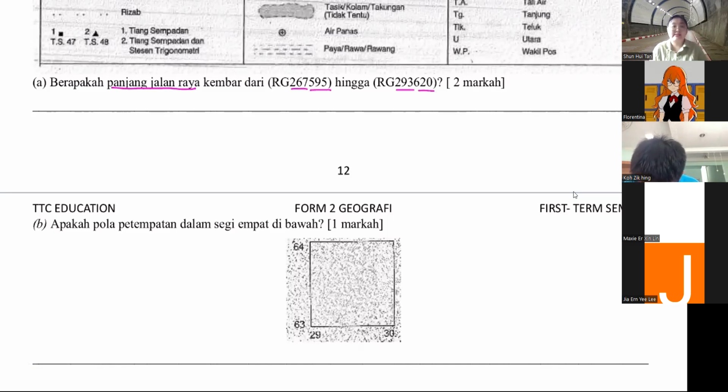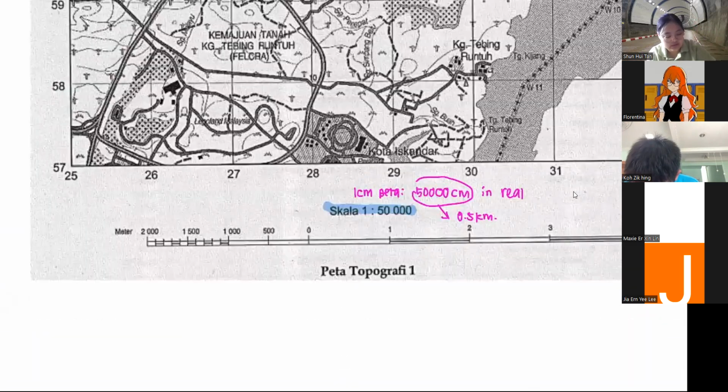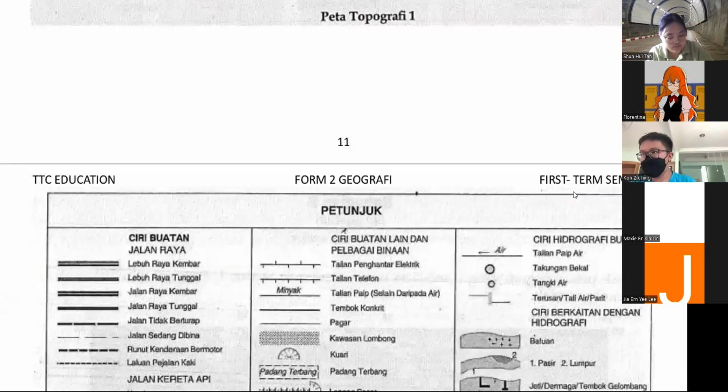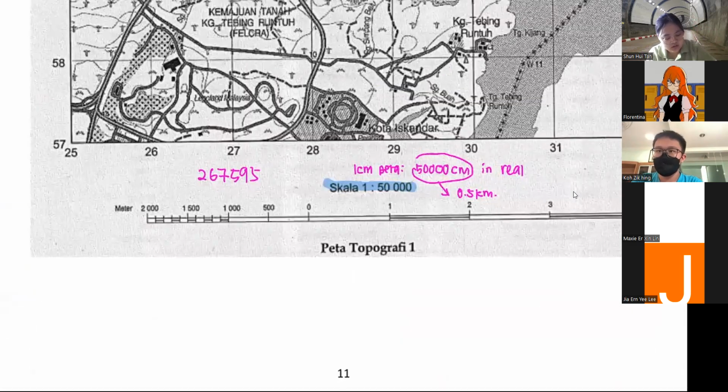Okay, so 26.7, 59.5. Okay, 267. Wait, let me just write it down somewhere else first. 267,595 to 293,620. Okay. Now let's look at them one by one.